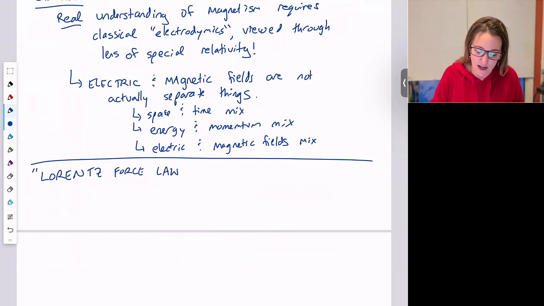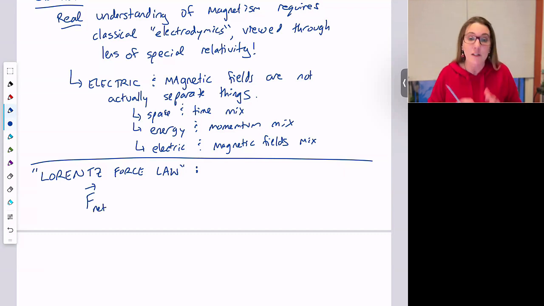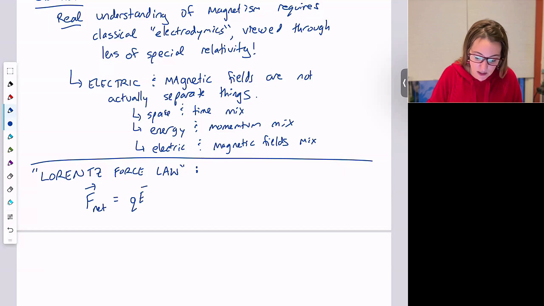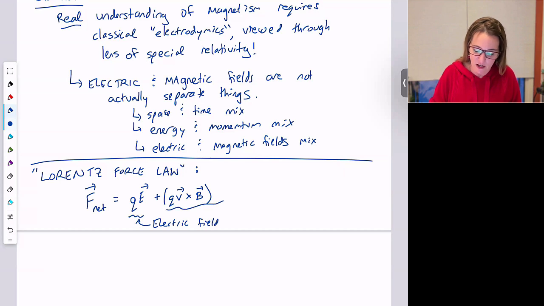And this is one that we understand in our university physics 2 way, which is that the total electromagnetic force on something will be Q times E, the electric field it's in, plus QV cross B. So this would be our electric contribution. That's the electric field contribution. And then here, that's going to be our magnetic field contribution.